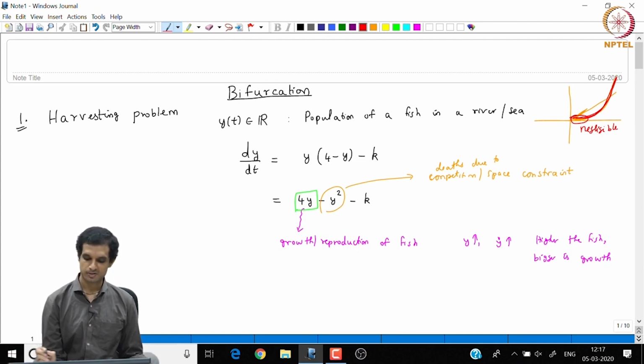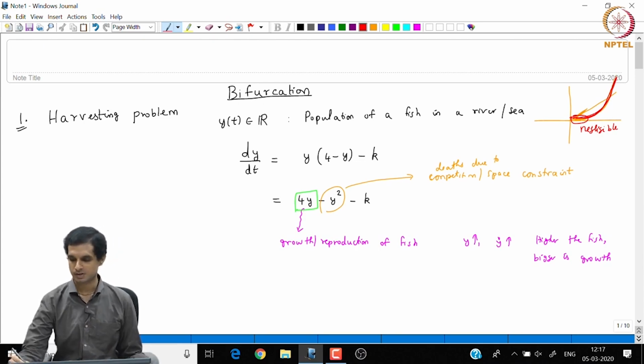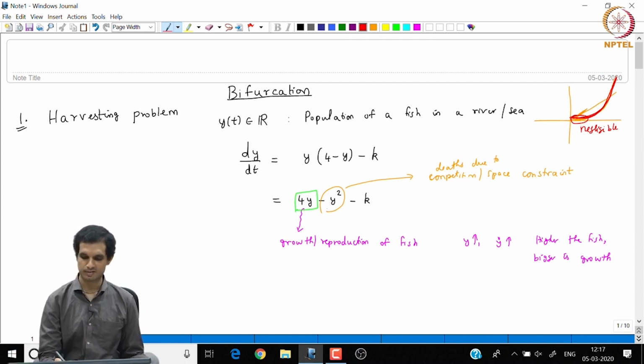We add a minus sign because we want a decay rate. Since this captures the death, it should be negative. Initially the death rate due to competition is really low, whereas at a higher population the death rate is really high. So, this term is a competition term, and this term k is called the harvesting rate or a fishing rate.